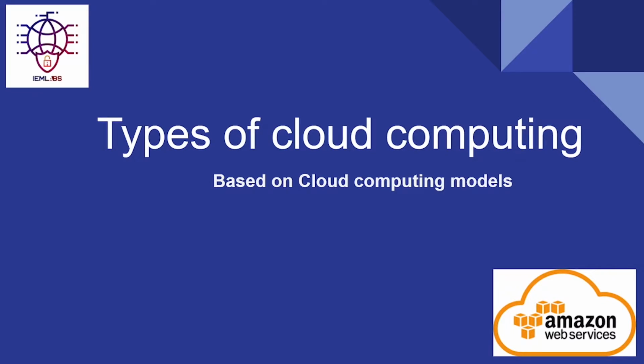Today we are going to discuss types of cloud computing based on cloud computing models. So cloud computing provides developers and IT departments with the ability to focus on what matters most and avoid undifferentiated work such as procurement, maintenance, and capacity planning.